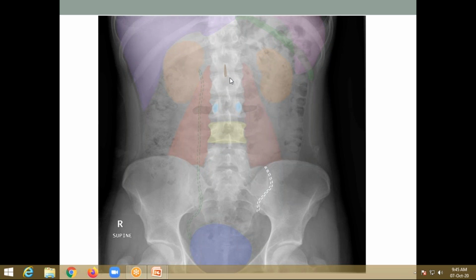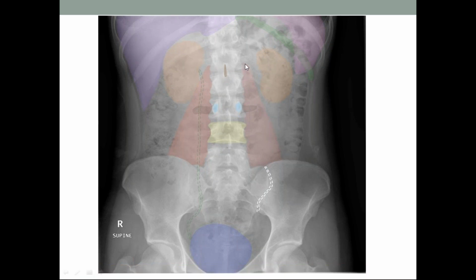One thing we have to look at in the abdominal radiograph is the psoas muscle. This is the psoas shadows, colored brown, and these are the ureters that will come and join the bladder. This is the urinary bladder, and these are the iliac bones, and this is the neck bone.